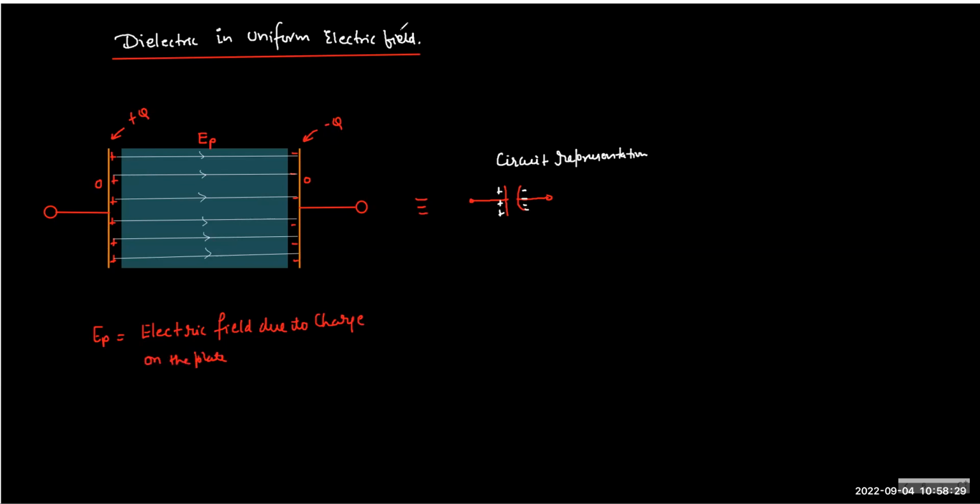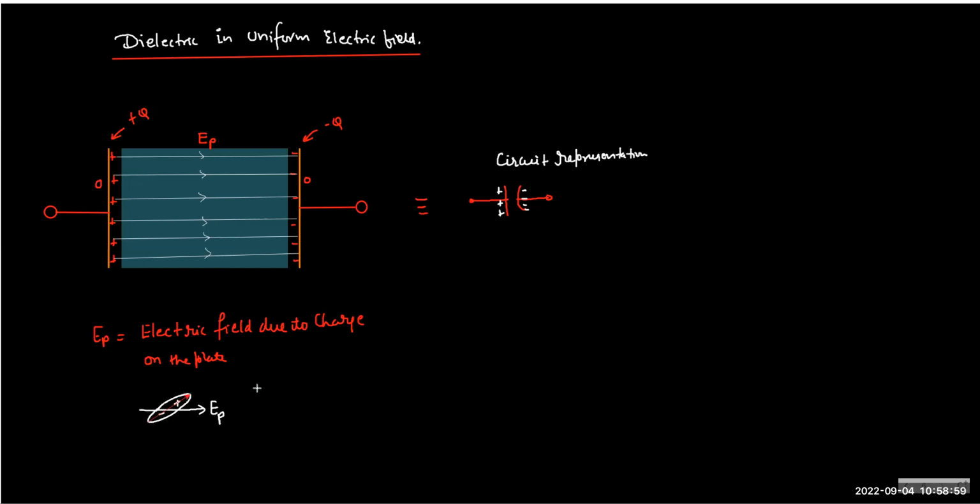Now imagine if you assume an oval shaped polar dielectric, and the field is like this, EP. So what you realize, or maybe you don't realize, is that a dipole is kept in an external electric field.